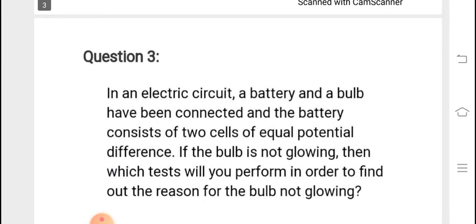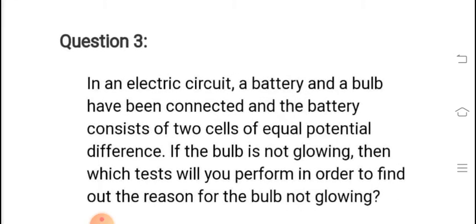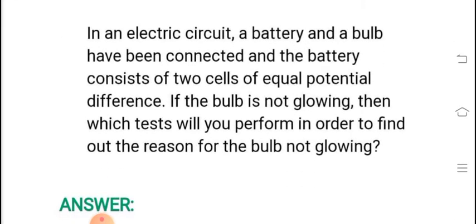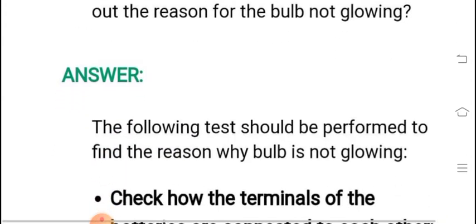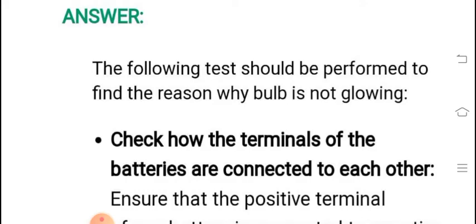Question number 3. In an electric circuit, a battery and a bulb have been connected, and the battery consists of 2 cells of equal potential difference. If the bulb is not glowing, then which tests will you perform in order to find out the reason for the bulb not glowing? So the answer is, we can go ahead this way.